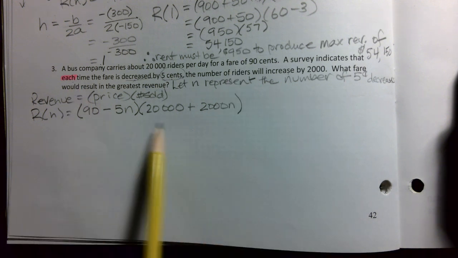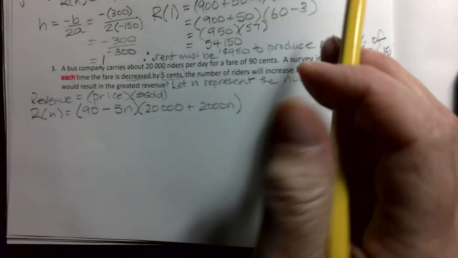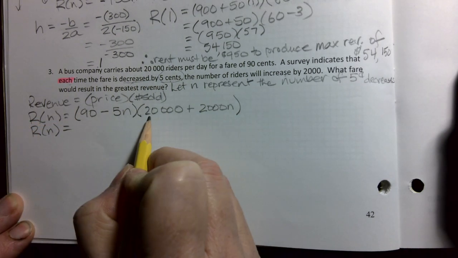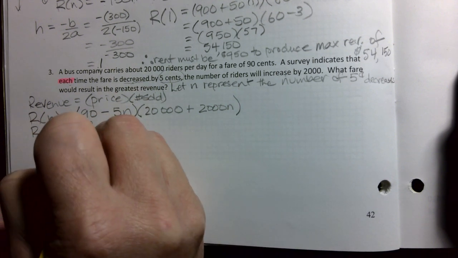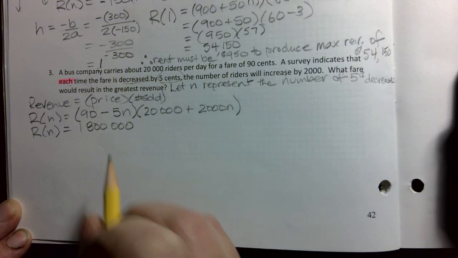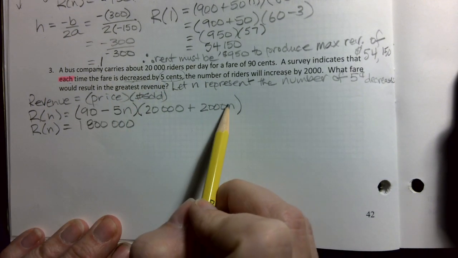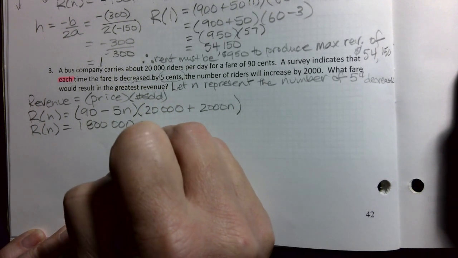Would this parabola have a maximum? Can't really tell until we get into a form that we recognize. So let's expand. 90 times 20,000. That's my first times first. Outsides, 90 times positive 2,000 n.